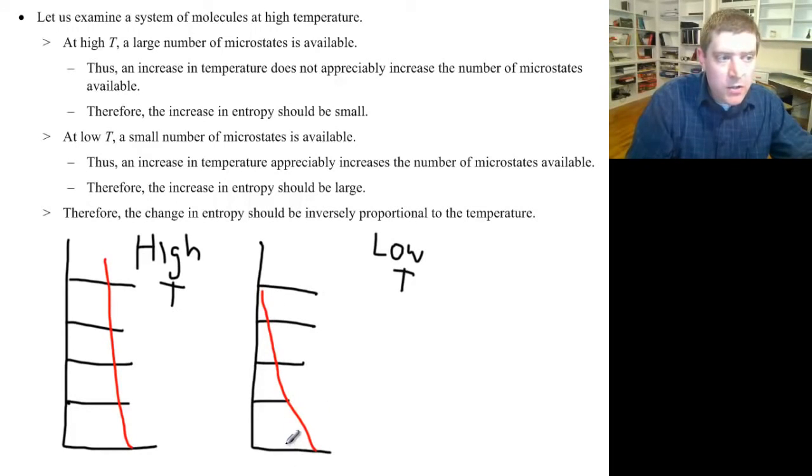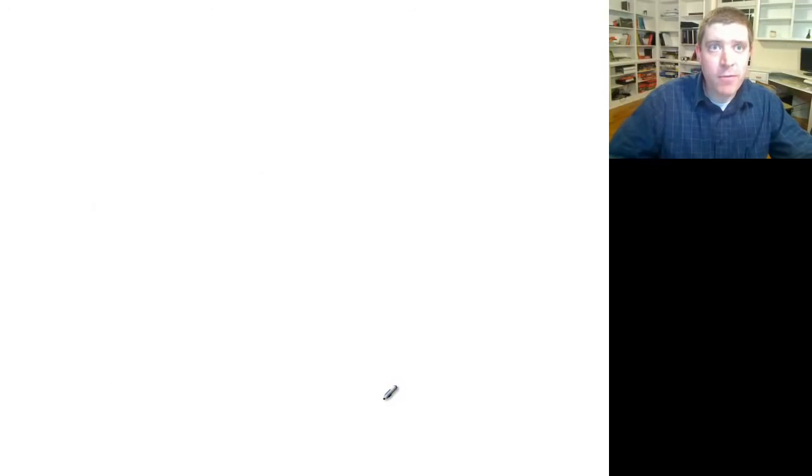These low energy states have a much higher fraction of the molecules in them than the higher energy states. And so as we increase the temperature a little bit at low temperature, we're appreciably increasing the number of microstates available. The increase in entropy should be large because we're opening up some of these higher energy states. So the change in entropy should be inversely proportional to the temperature, right? And that's where we're going to stop for now.